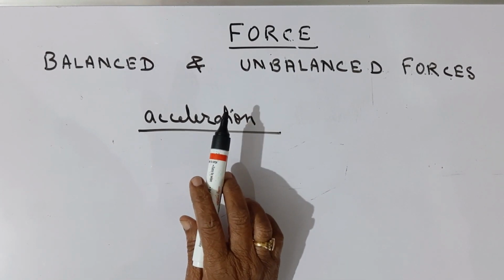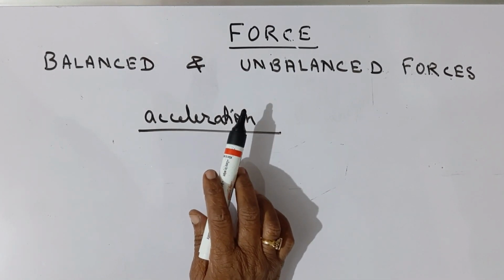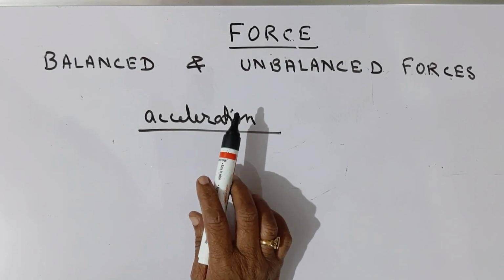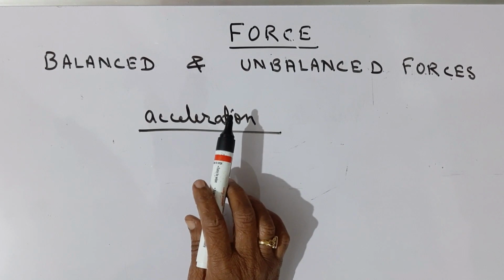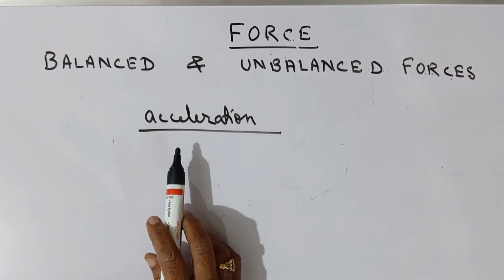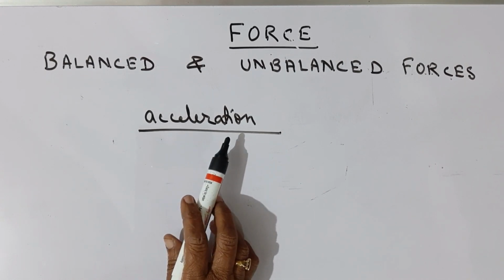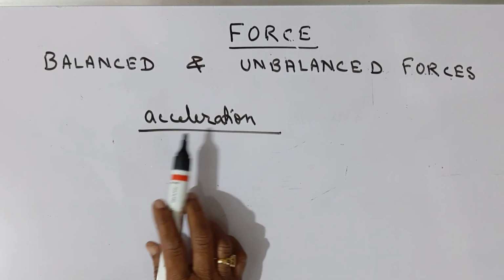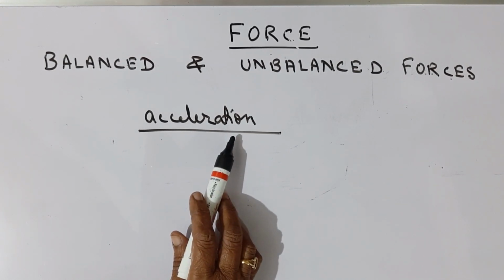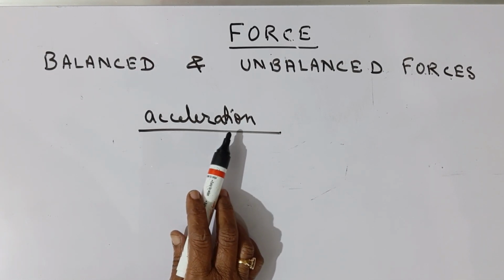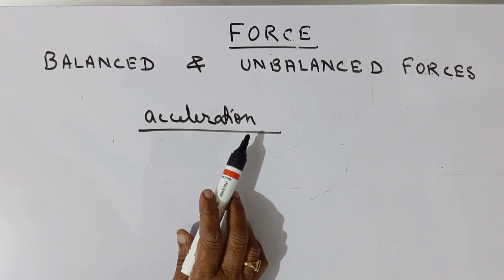Here, when we are going to study the laws of motion, we are not going to study the effect a force produces in the shape of an object. So we are concerned only with the acceleration or the motion of an object. So when we say a change in acceleration, or when an acceleration is produced, it means that there is a change in the motion.